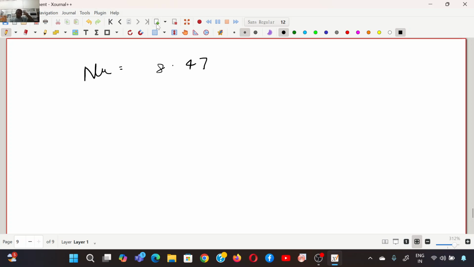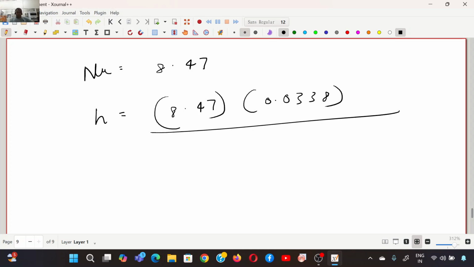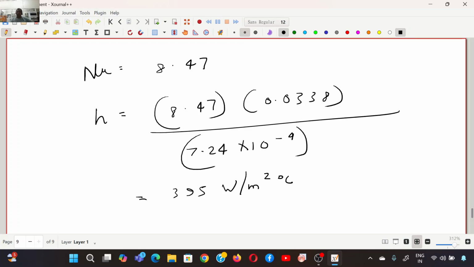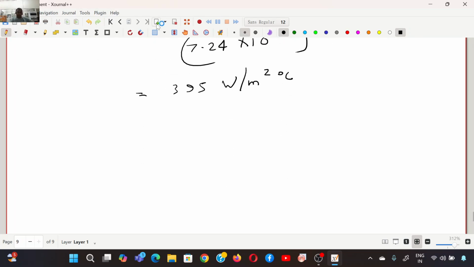And using all this, if you do the same process and get the h value, hD by k is equal to the Nusselt number, no? So h value you will get. Take the calculations yourself later. It is 395.